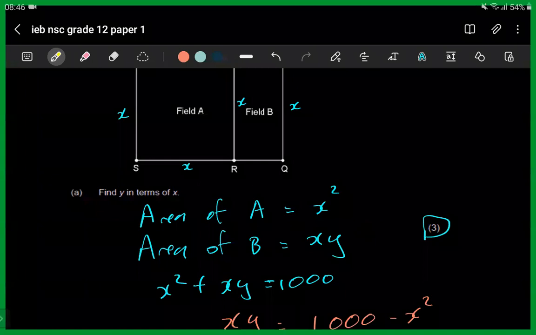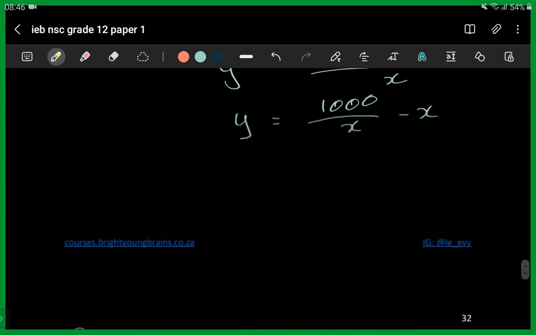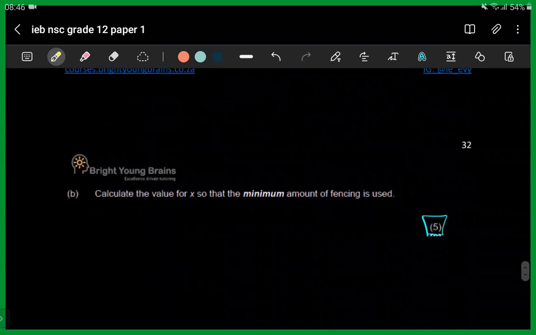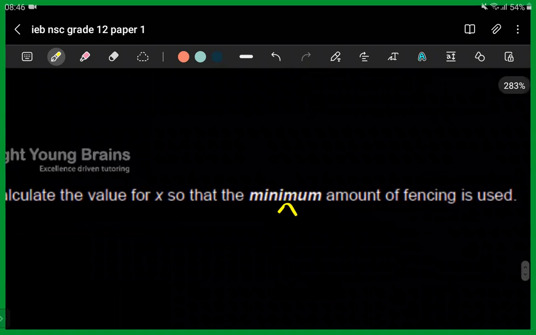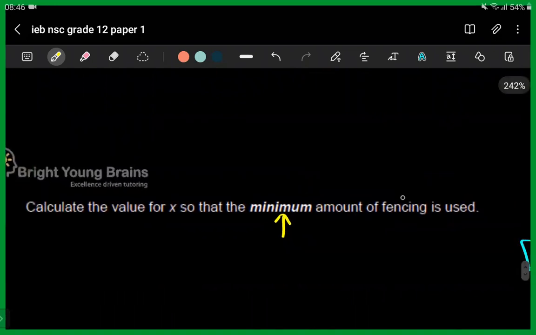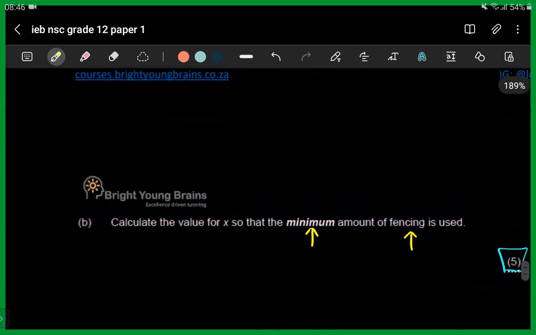Anyways, so if you're going to work out the value of x where the fencing is a minimum, if you need the minimum of something, you need an equation of whatever they're talking about. So we need an equation for us to see how much fencing is needed. Once we have that equation, that will give us the fencing needed.